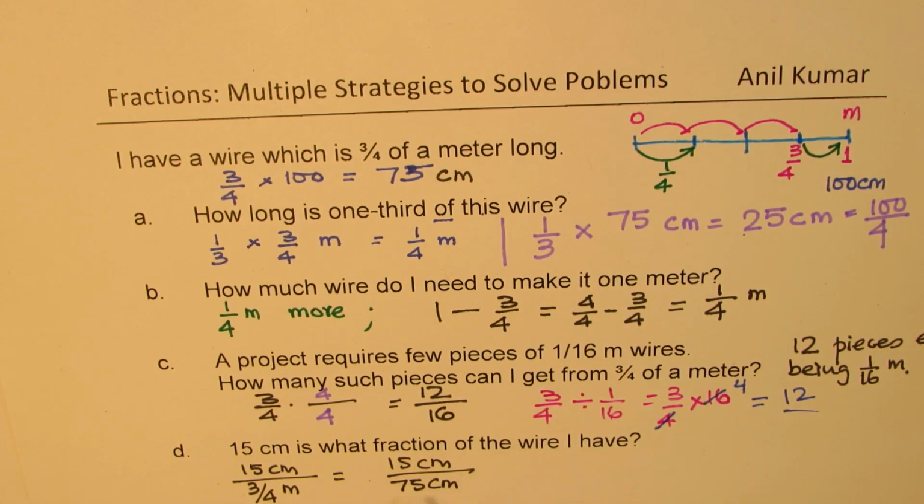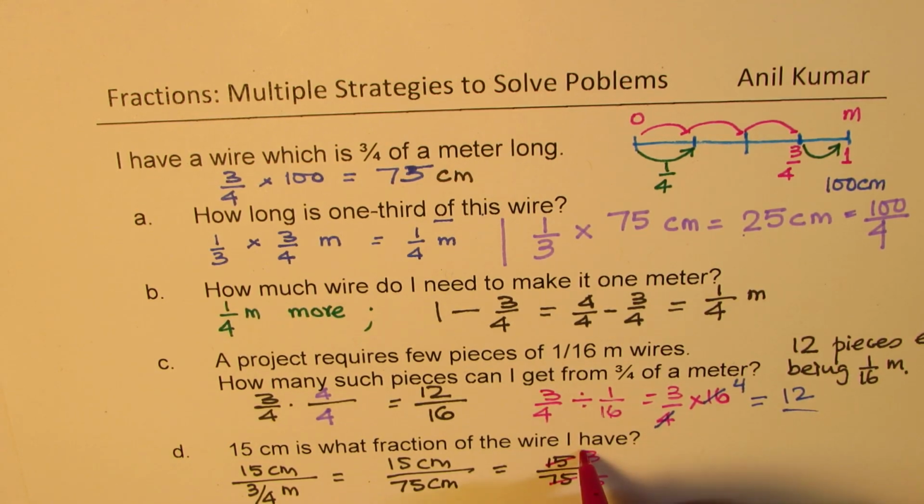So 15 centimeters is what fraction of the wire I have? It is much smaller than what I have. And what fraction? Now you can divide 15 by 75. Easy way is, I'll show you how. In a systematic way, we'll divide. So we know this can be divided by 5. 5 times 3, and 5 times 1 is 5, and then 15, right?